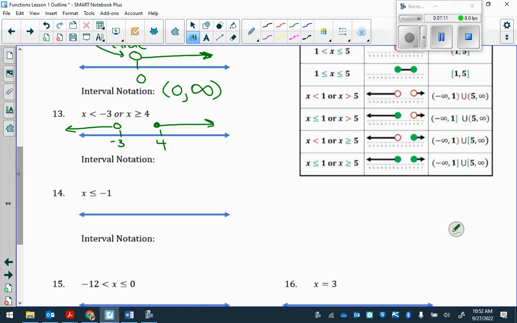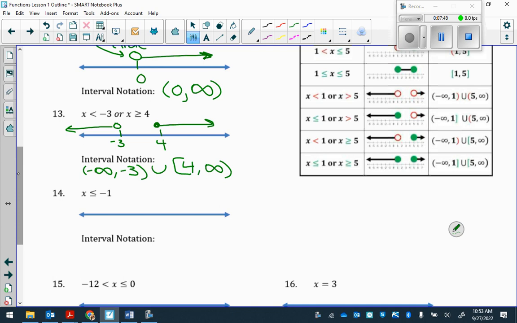So what would come first here? Where is this heading to? Negative infinity to -3. Would I have a bracket or a parenthesis? Parenthesis because it's not equal to. Now, since it's opposite, you put this little U there, which means union, which is or. Then we have 4 to infinity. But around the 4, what am I going to have? Bracket, infinity.